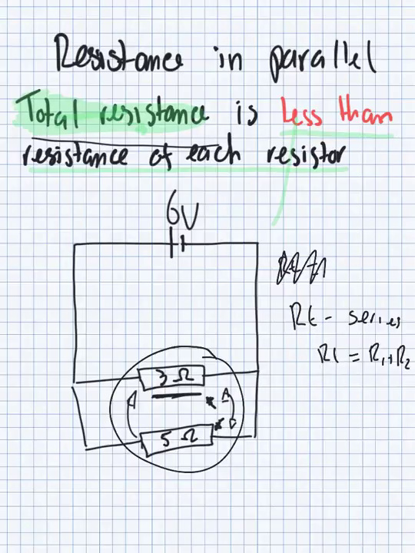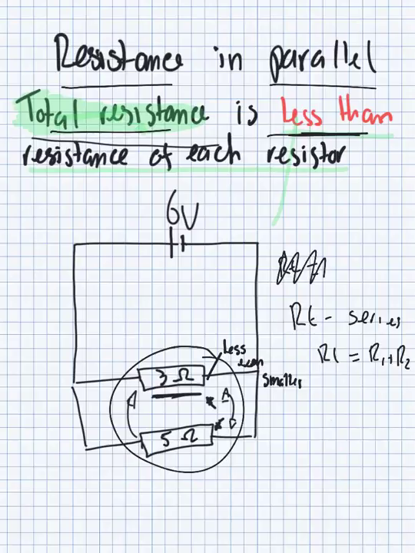All you need to remember is that in a parallel circuit, the total resistance is less than the resistance of each resistor. To be more specific, the total resistance of the circuit is actually less than even the smallest resistor.